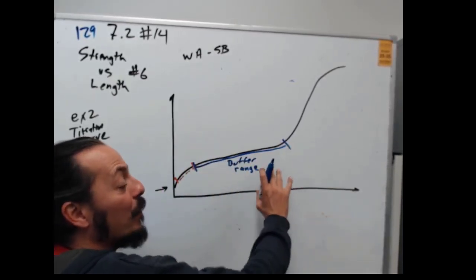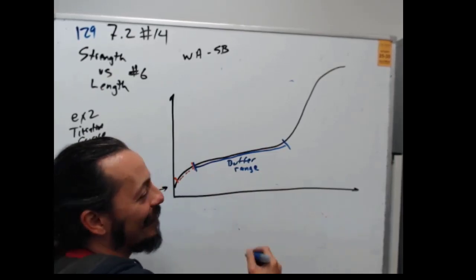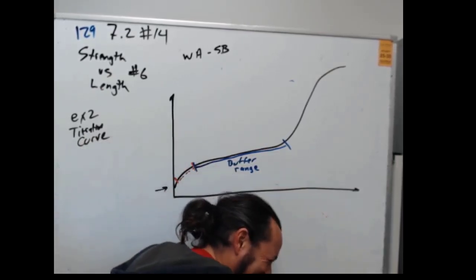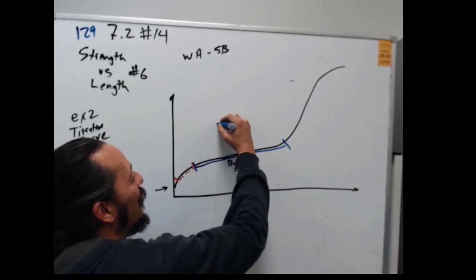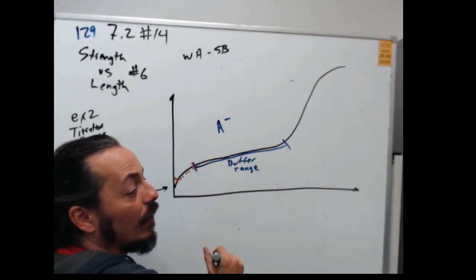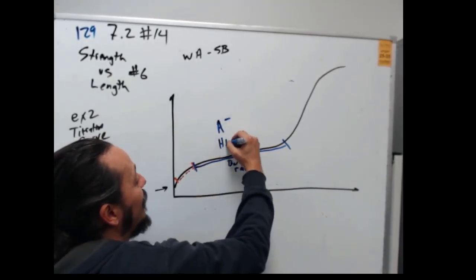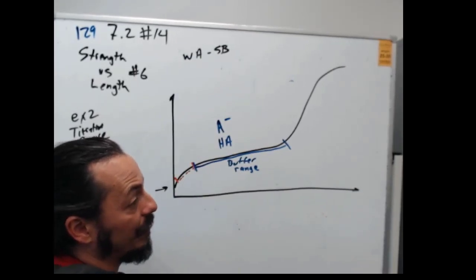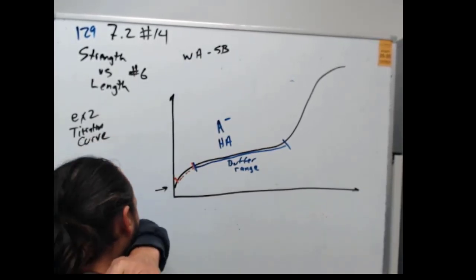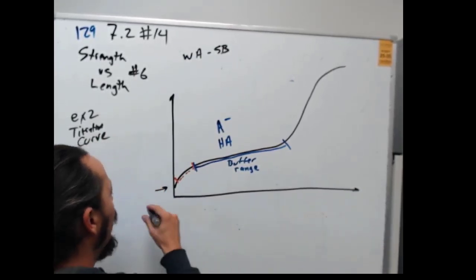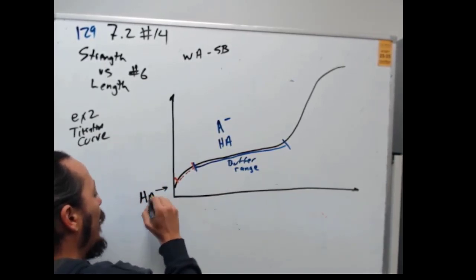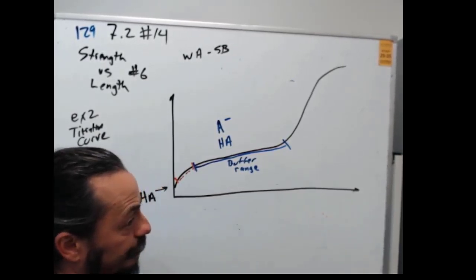So we've got the buffer range. In the buffer range, we've got some of our conjugate base, and we still have our weak acid both present. Over here, our initial point, we only have HA, only weak acid.